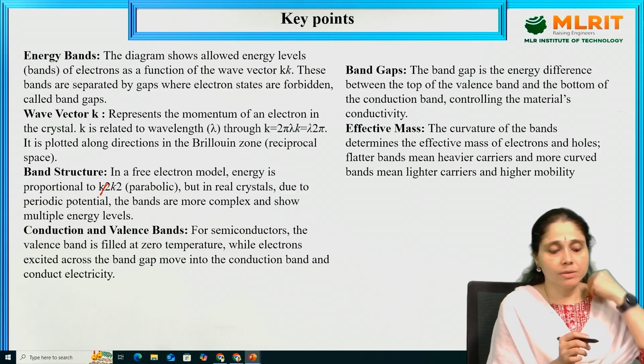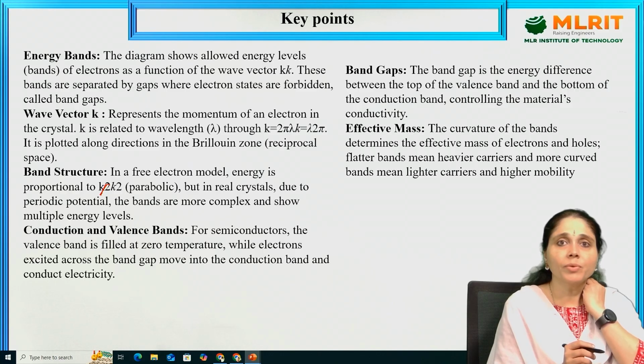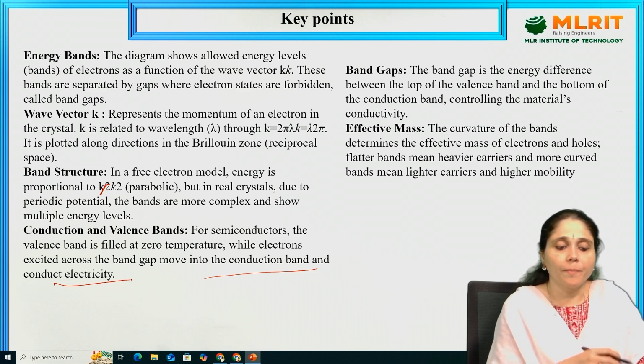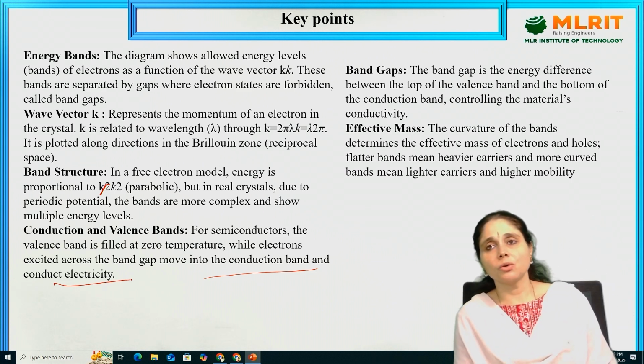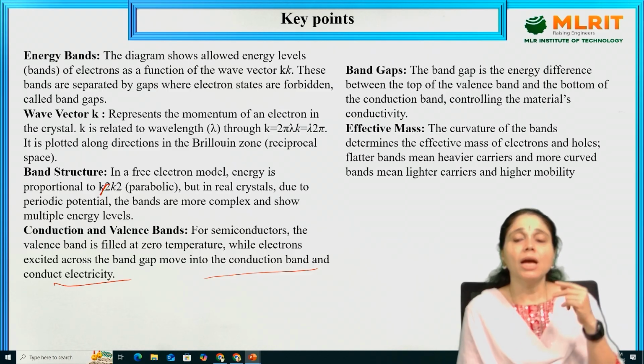Conduction and valence bands. For semiconductors, the valence band is filled at zero temperature, while electrons excited across the band gap move into the conduction band and conduct electricity. Semiconductors have two types of charge carriers: holes and electrons.